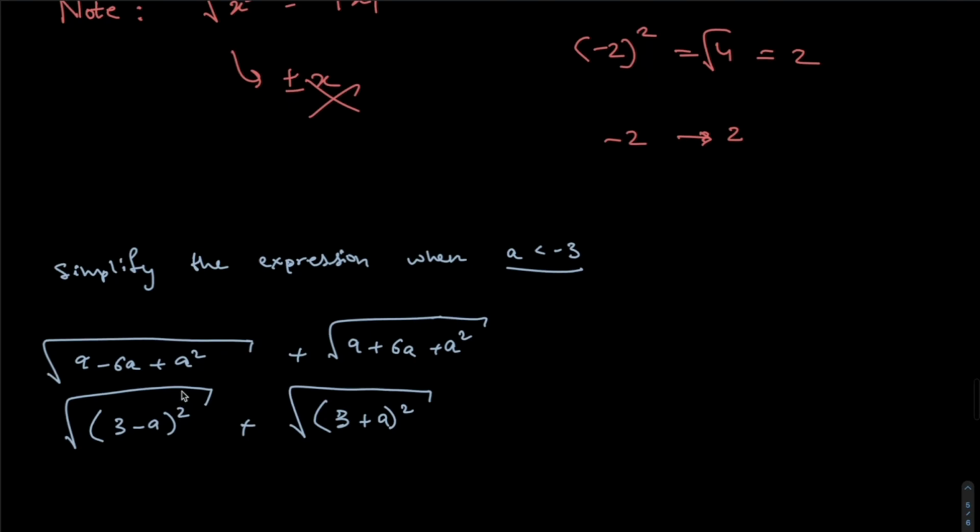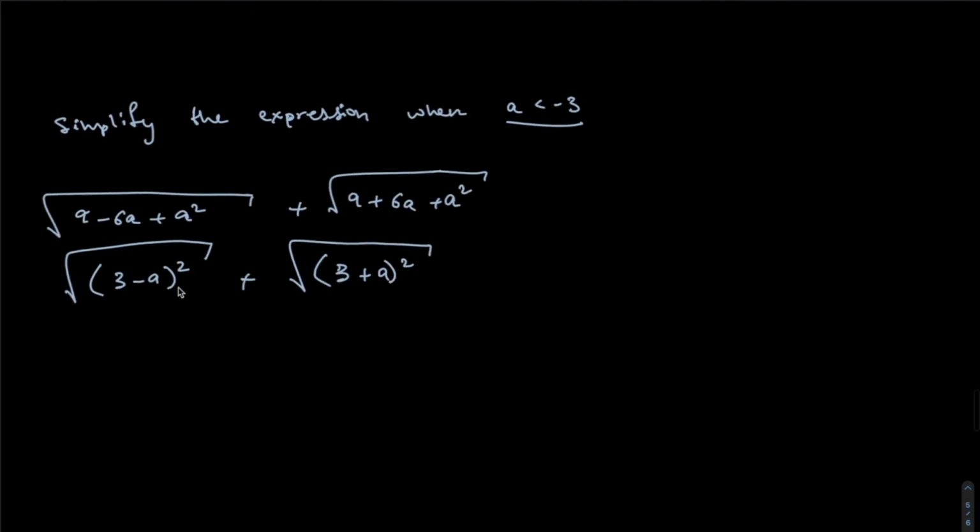So it's being squared first and then there's a square root on it. So I can replace the squared and the square root with a modulus sign altogether. I'm going to rewrite this as modulus of 3 minus a plus modulus of 3 plus a.